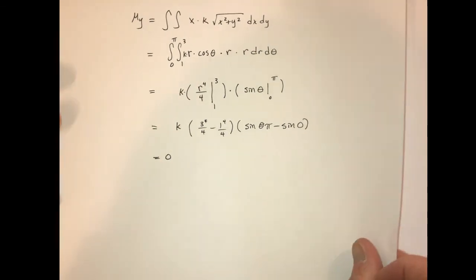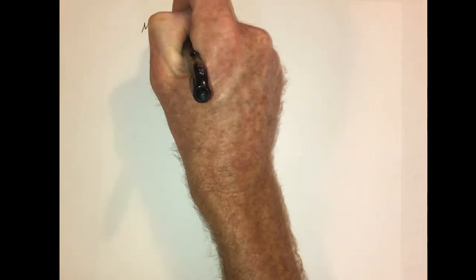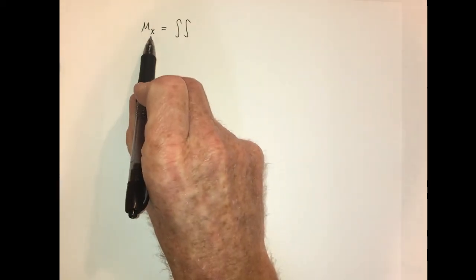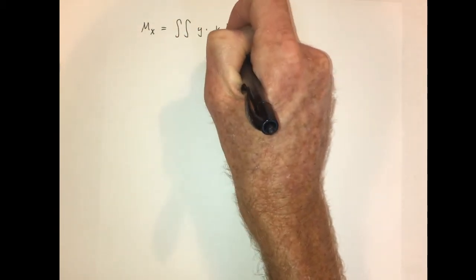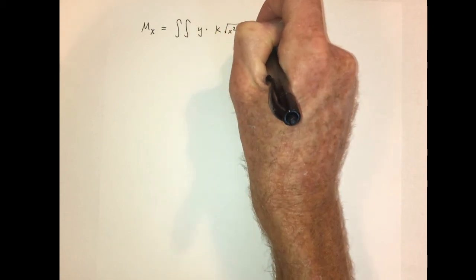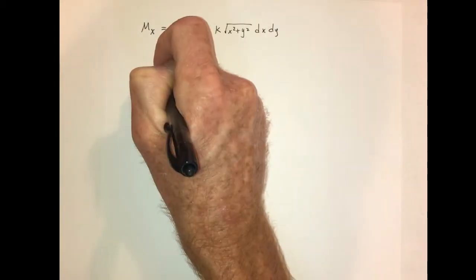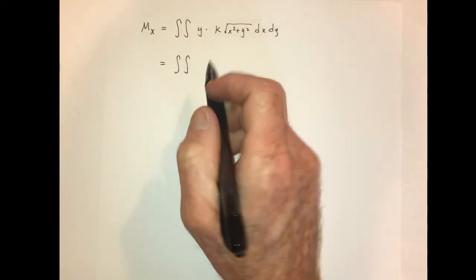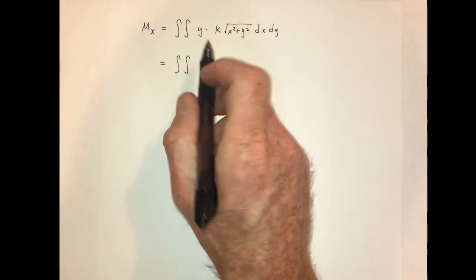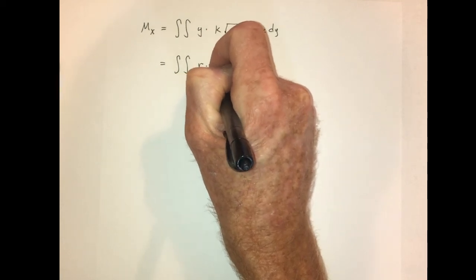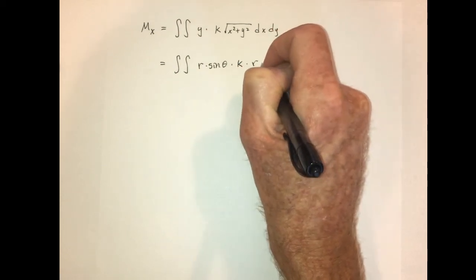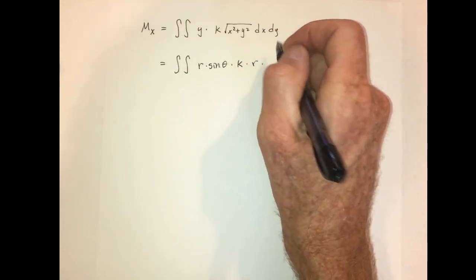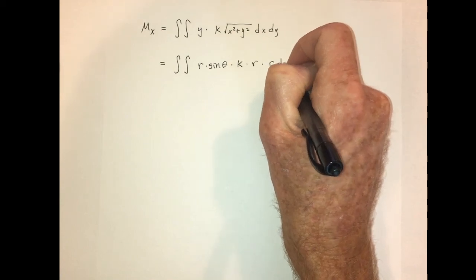All right, then one more integral. So for mx, it is the double integral of the same thing, but when this is x, it has an extra y in it. And then we'll change to polar. So in polar form, y is equal to r times sine of theta. And then don't forget the k. The square root becomes r, and dx dy becomes r dr d theta.